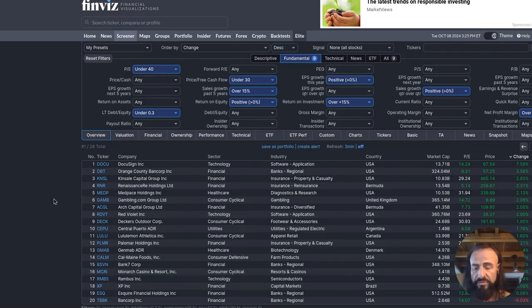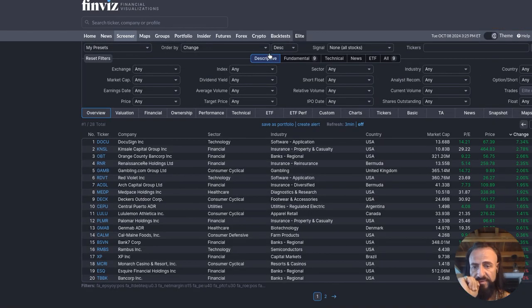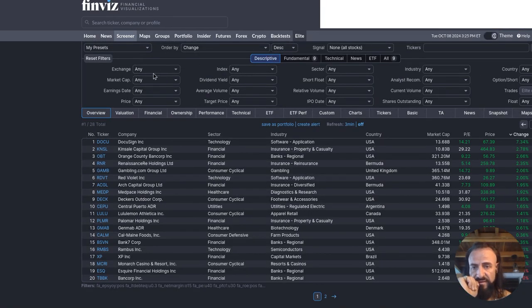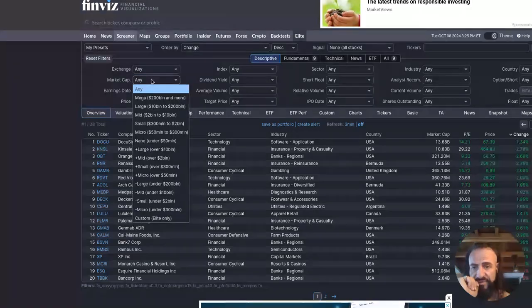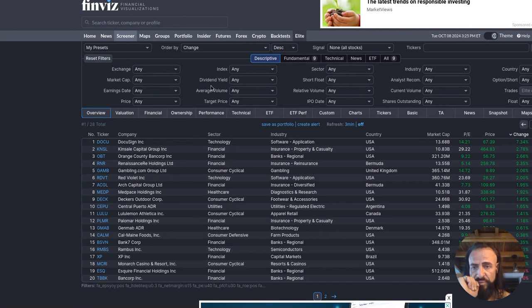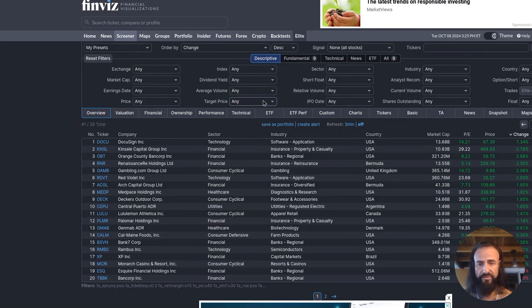Now, how do you go about picking stocks? Here you can screen by descriptive, where you can select the exchange, the market cap, earnings, price, index, the dividend yield if you're looking for a specific dividend stock, and so on.